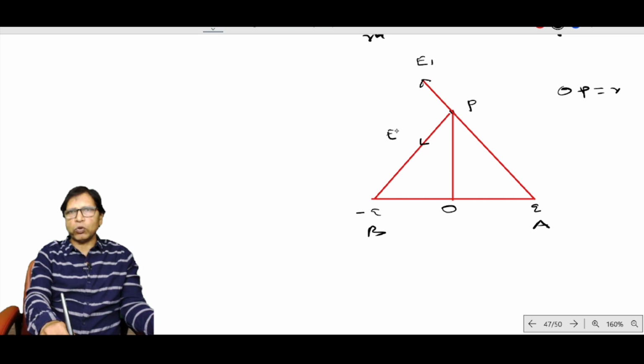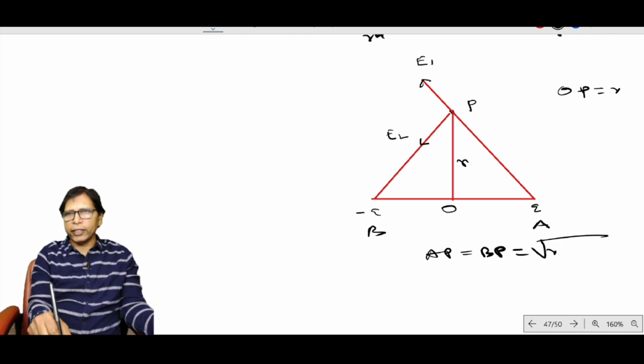Suppose this is E2. AB is D and this is R. So AP equals BP equals root under of R square plus D square by 4.